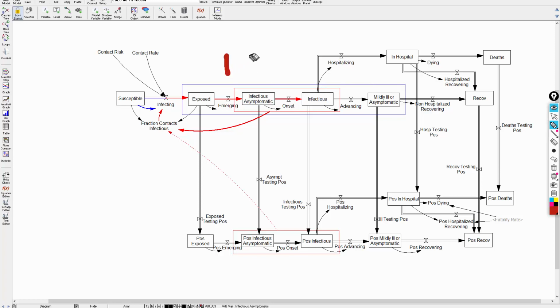So something like 150 in the blue box. So these are people who arrive in the incoming classes who have the virus. Probably the number of those that you would actually know about is small.